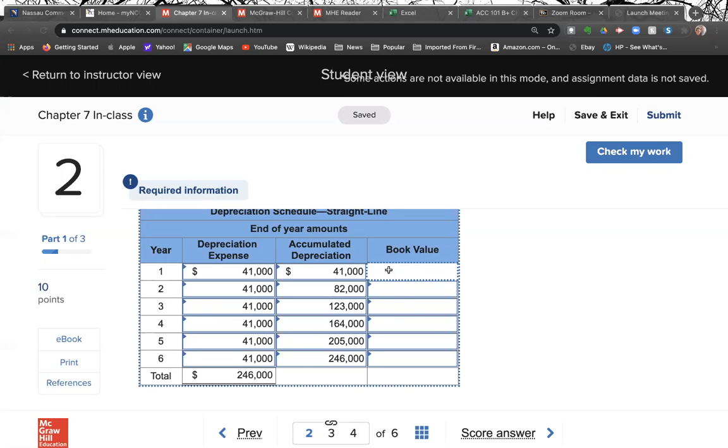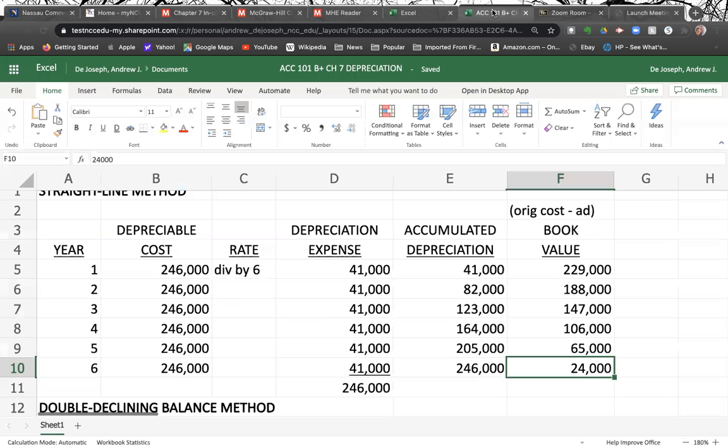And then what were the book values? $229, 188, 147, 106, 65, and 24, right?